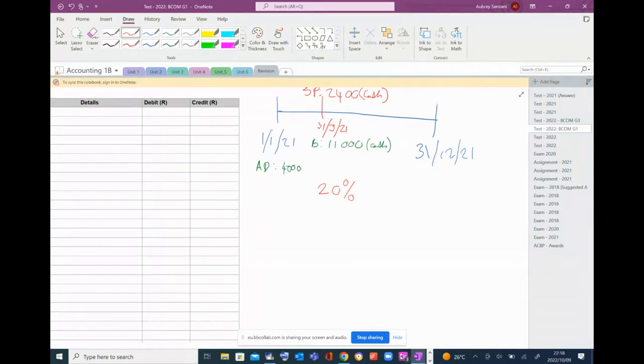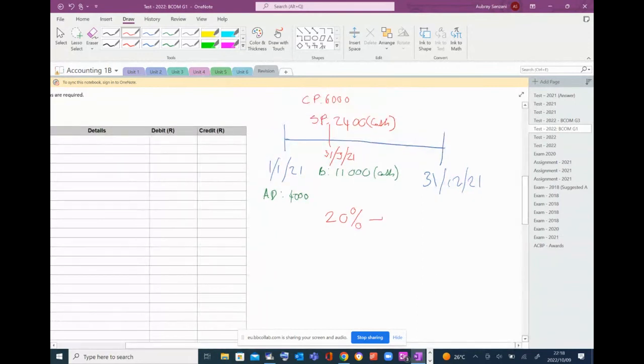So what do we already know? How do we do it? We know this is on the diminishing balance method, right? So what must happen? 6,000, yes. Minus accumulated depreciation, which is 4,000. Because remember, since we're on the reducing balance method, we're saying carrying value times the depreciation rate.